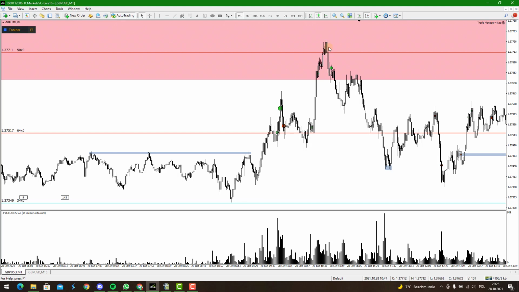It was a very risky entry. I just found here the imbalance, the bigger imbalance on the footprint, and those two candles together I treated as a rejection candle. There's no difference on price.